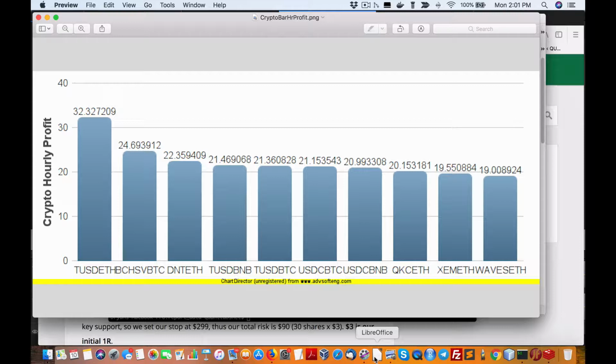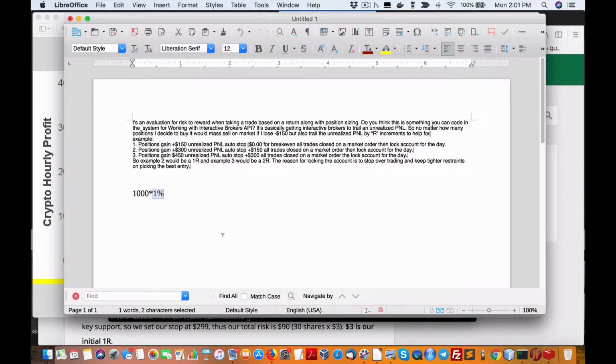Okay, now I have to do the deeper analysis to see if these are worthy to trade due to volume. Are they manipulated? Are they consistently getting you these profit targets without the crazy whipsaws that will work against you? So I still have to do that analysis, but this is one of the reasons why I like crypto.